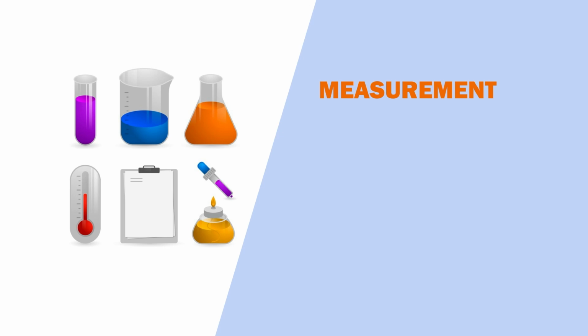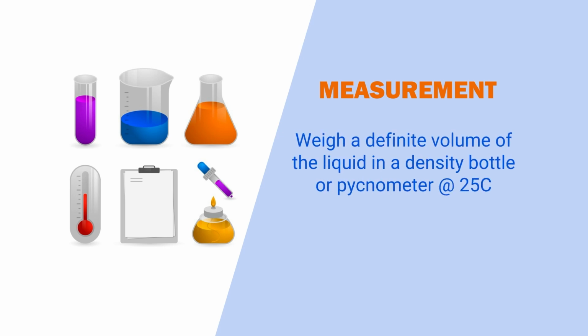It is measured first by the pycnometer or by the density bottle. You see it on the right side. But then there are other devices also, which are used not only for density but also for specific gravity, like the lactometer and hydrometer. In the case of hydrometer, you can have various series of it.